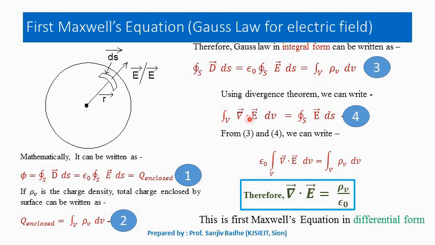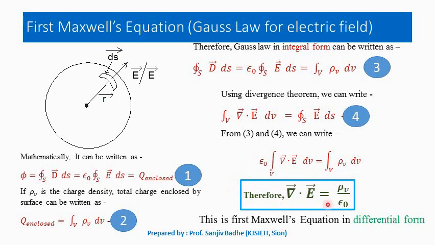epsilon naught volume integral of divergence of E bar dv, that is equal to volume integral of rho v dv. Now both sides of these equations have got volume integrals, and therefore we can equate epsilon naught divergence of E to be equal to rho v, and therefore we can write divergence of E to be equal to rho v by epsilon naught.